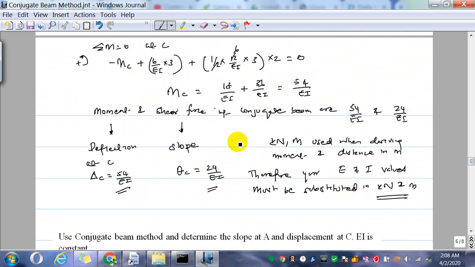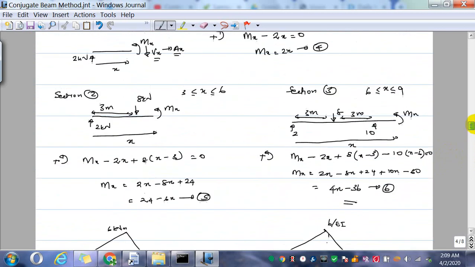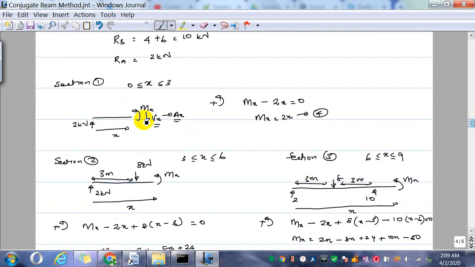So which means the delta C is going to be negative, so it's going to be minus 54 over EI. Slope also, the shear, normally the positive shear is clockwise rotation, so we mark the shear like that, positive shear downward.